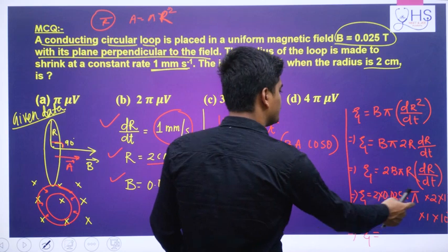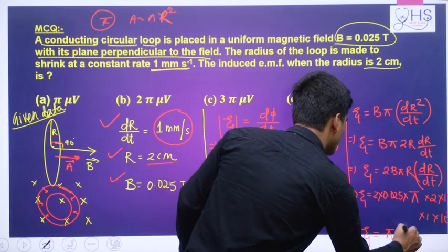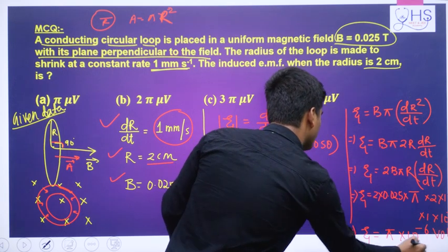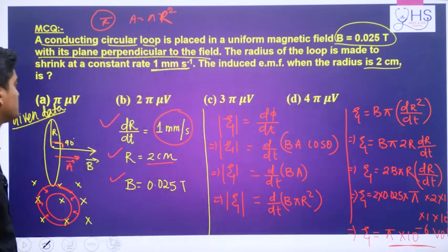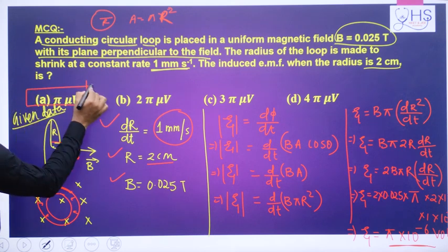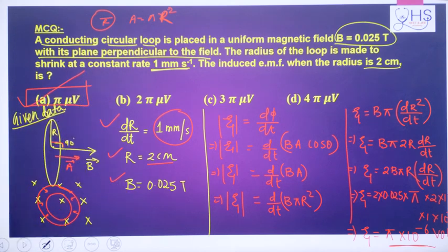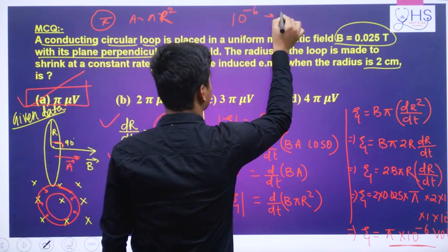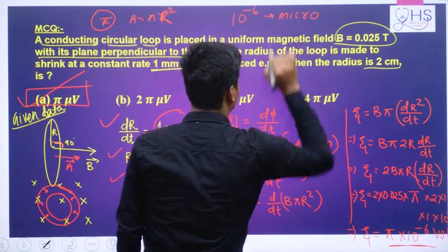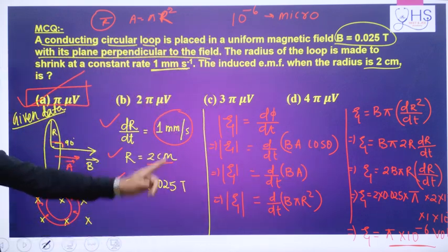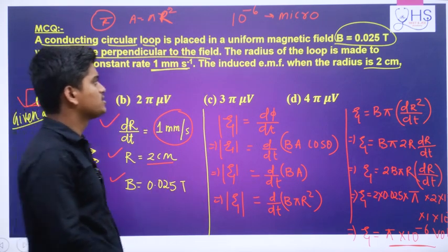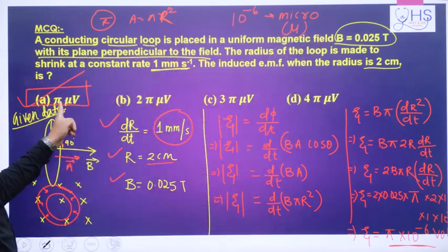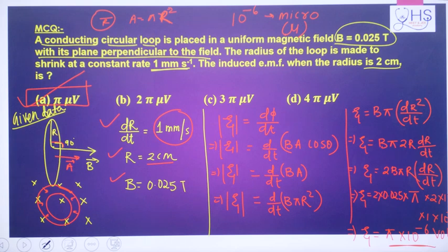So here it will become pi into 10 to the power minus 6 volt. What is that? It is pi microvolt, because 10 to the power minus 6 is basically called micro. So 10 to the minus 6 volt I can write as microvolt. So the answer is A, pi microvolt.